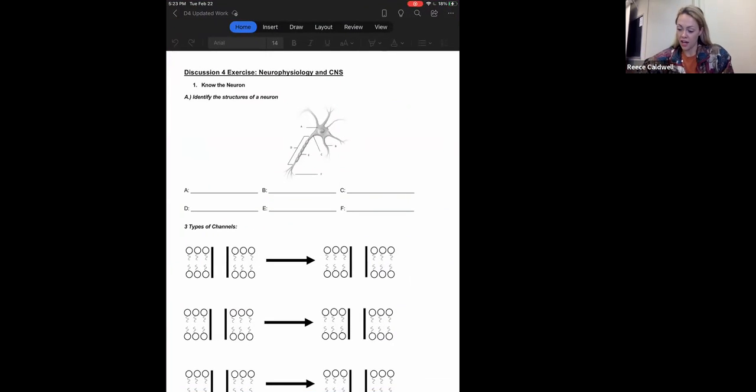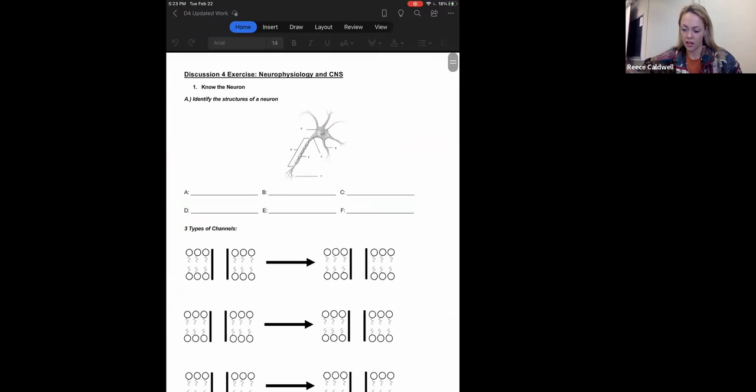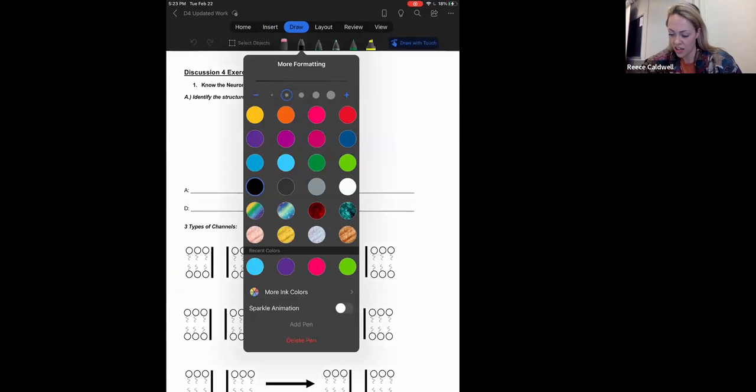All right, awesome. So here is our discussion for updated worksheet. If you are still seeing the old one, go ahead and head to modules and you can find this updated one there. So let's go ahead and begin. I am going to kind of color code as we go through this.